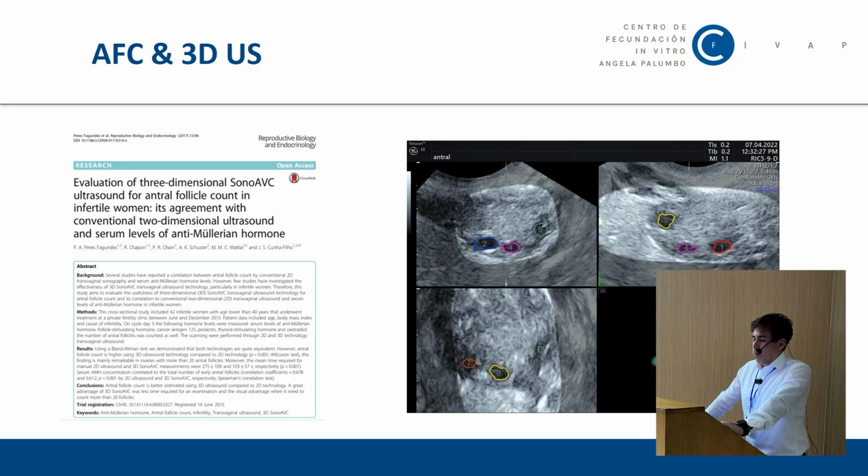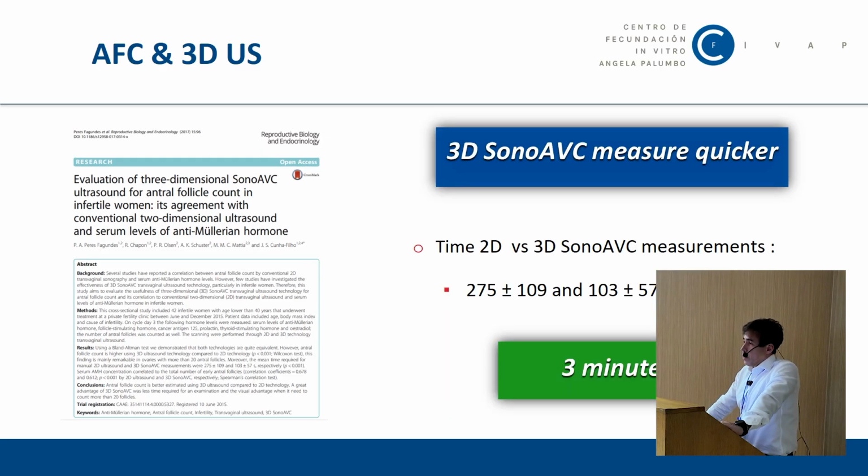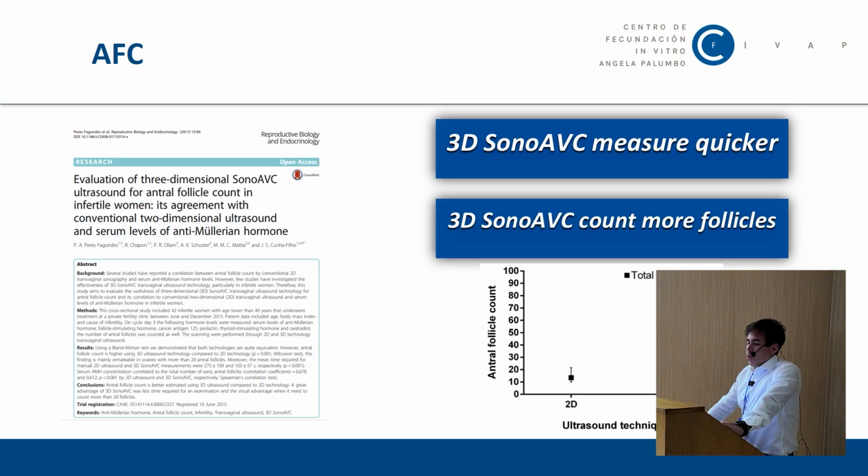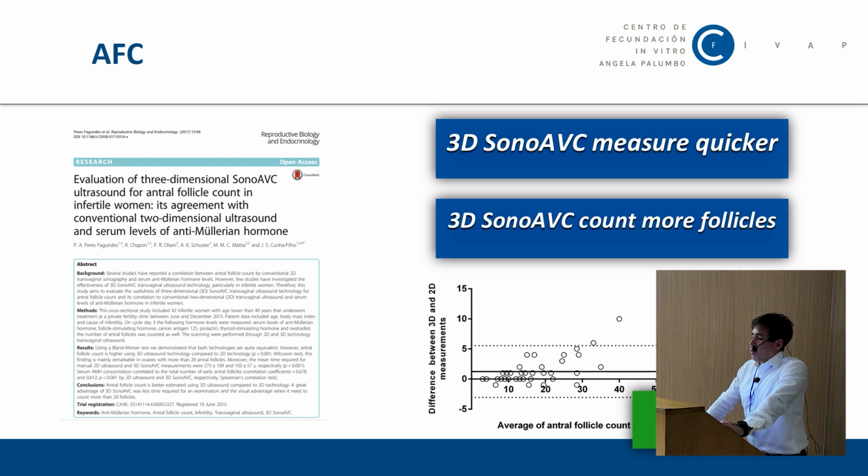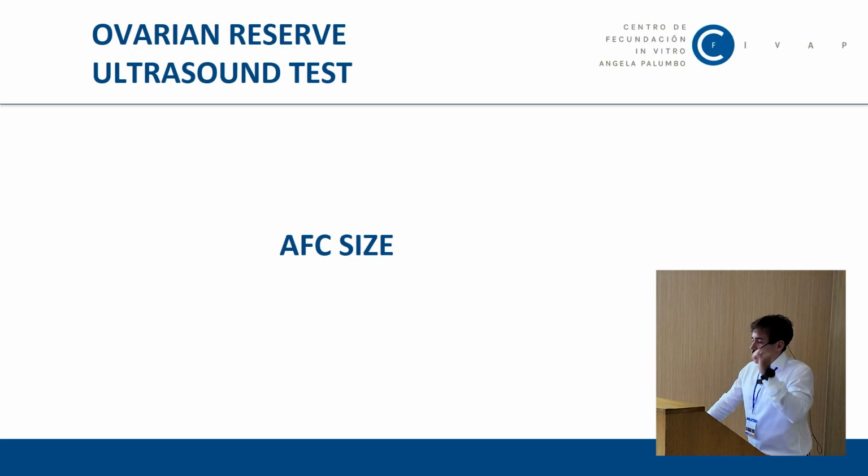And what they found is that 3D SonoAVC, when you measure the follicles, is quicker, like 3 minutes quicker, and 3D SonoAVC counts more follicles than 2D, especially when there are more than 20 follicles. So this article opened a debate about antral follicle size. Is it important? Should we measure them?